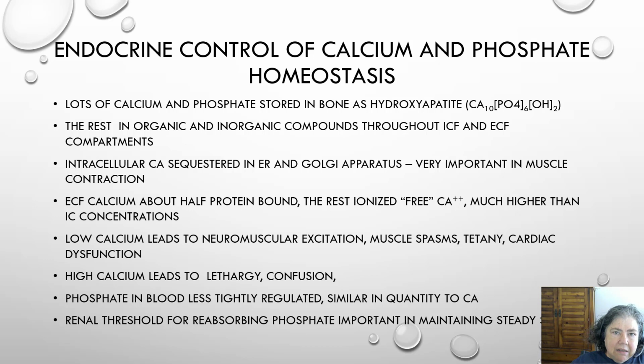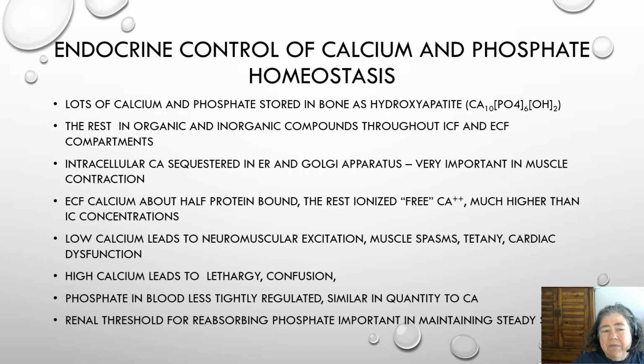The extracellular fluid calcium, the circulating calcium, about half of it is protein bound and the rest is ionized or called free calcium. And the extracellular calcium ion concentration is much higher than the intracellular calcium ion concentration.